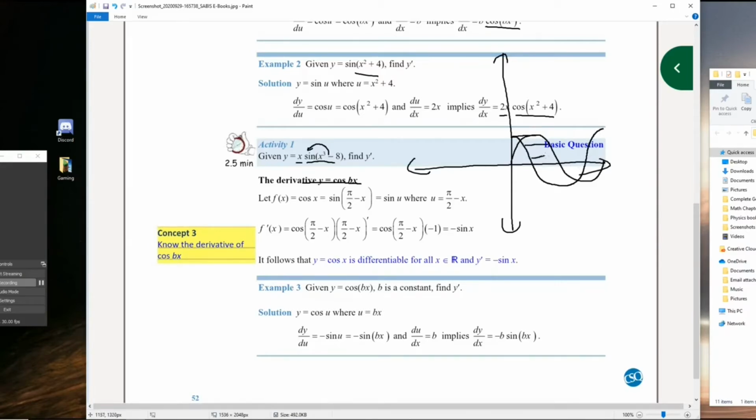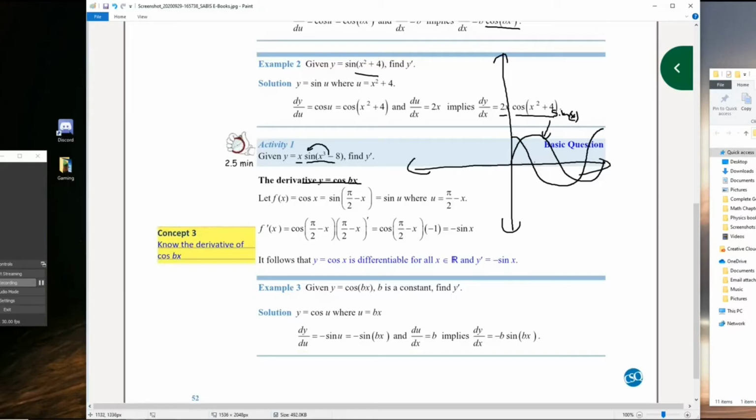Looks like a 3D slide, to be honest, and it looks nice. So you have the sine over here. How do I know? Sine starts from 0 and just keeps going. Cosine starts from 1 and just keeps going.